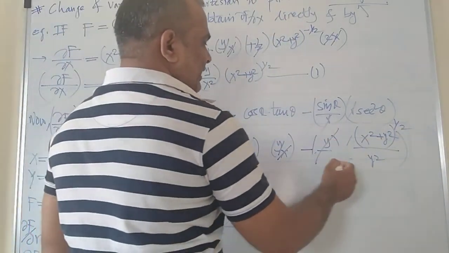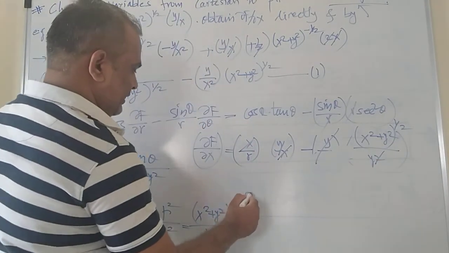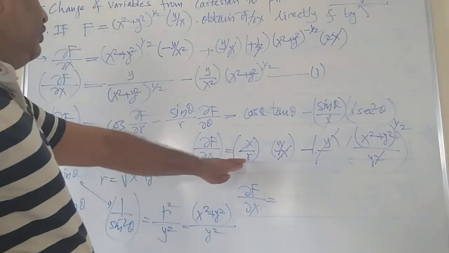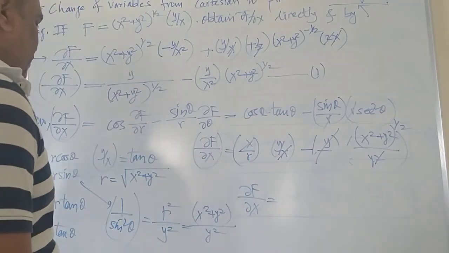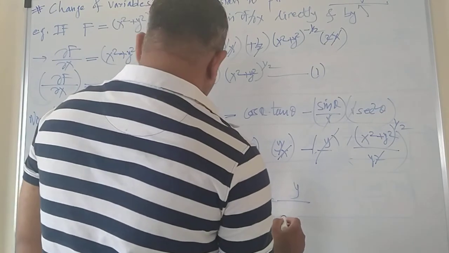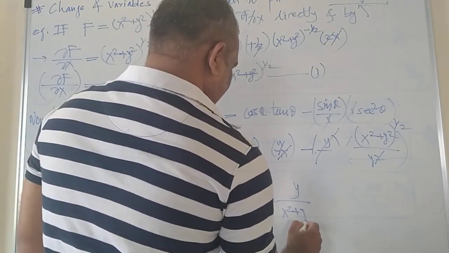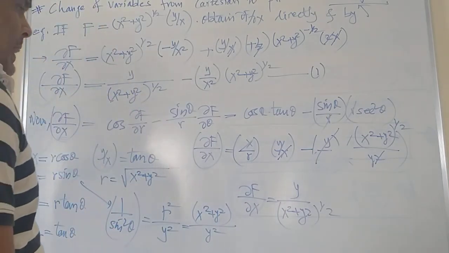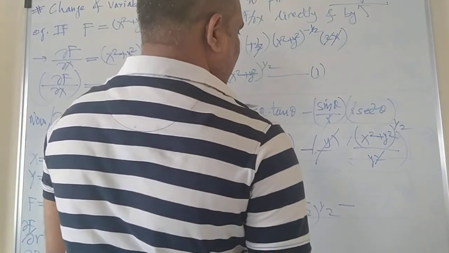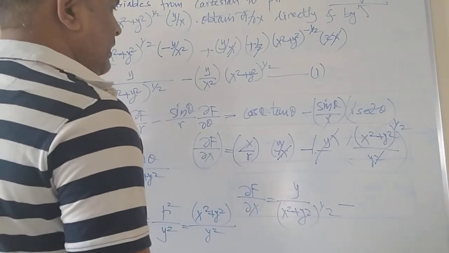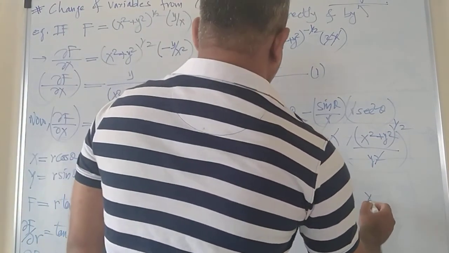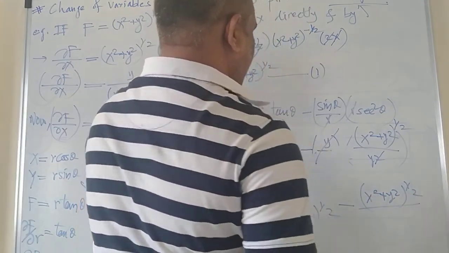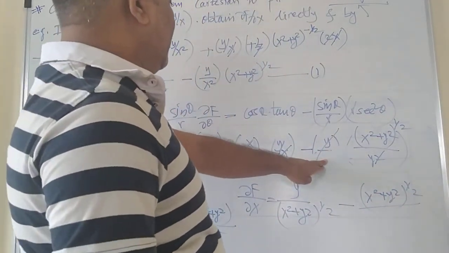And this y gets cancelled with this y, and you will get dou f by dou x is equal to y by r. You should put the value of r here only. So y by r will become y upon x square plus y square raised to power half, and minus x square plus y square raised to power half upon what was here.